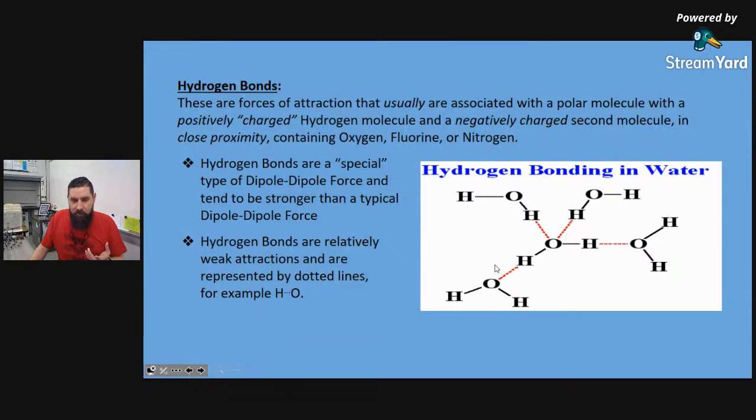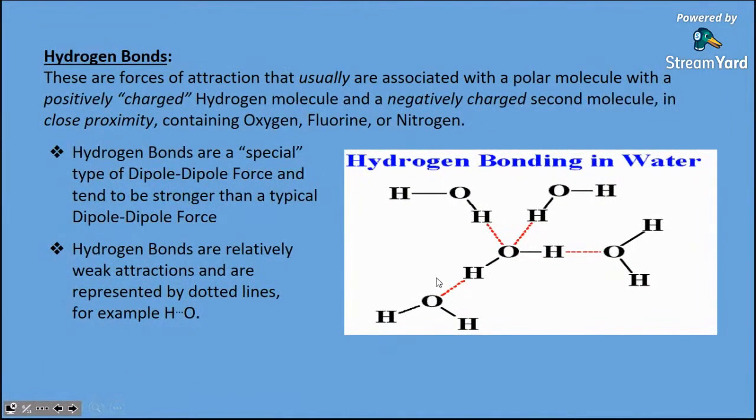Okay, so you can see in this one, as I go to full screen again, what I've got is a molecule of water where, again, I'm going to have a positively charged hydrogen due to it being a polar molecule, and that's in proximity to another molecule that contains that negatively charged oxygen. So my hydrogen bond really is between the positive polarity of a hydrogen on one water molecule and the negative polarity on the oxygen of a second molecule.